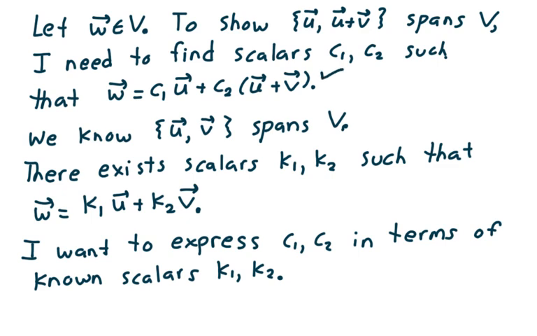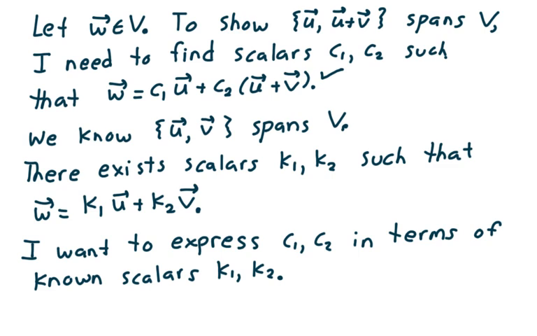But what do we know? We know that the set of vectors u and v also spans V. So we can find scalars k1 and k2 such that W is equal to k1u plus k2v. Now, the object here is I want to express scalars c1 and c2 in terms of the known scalars k1 and k2.